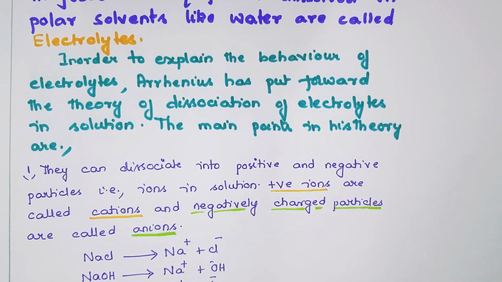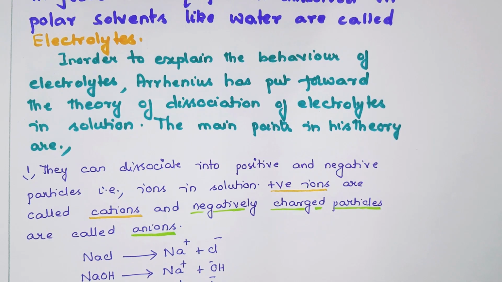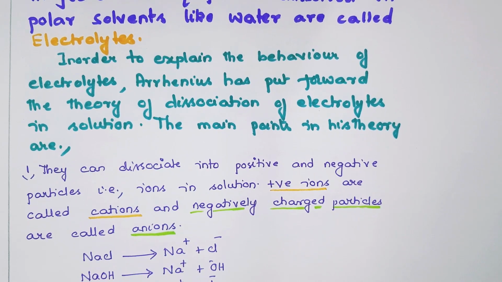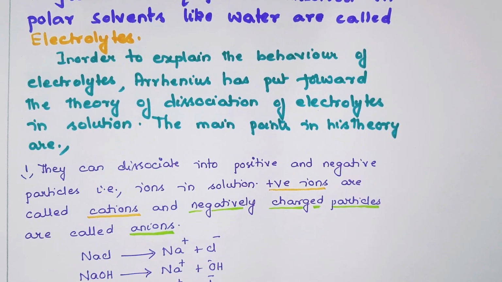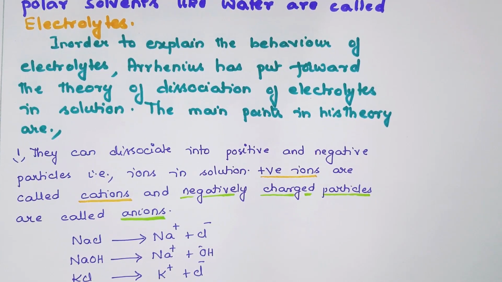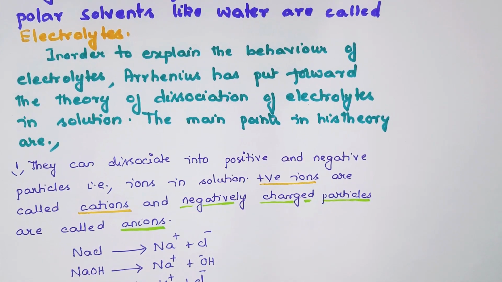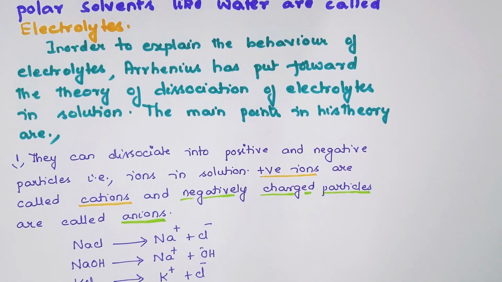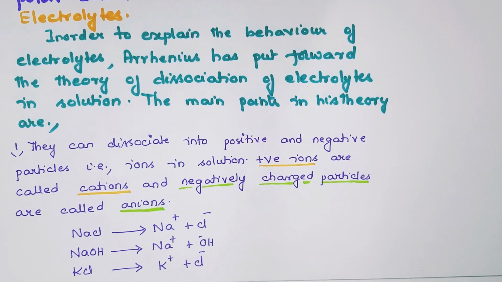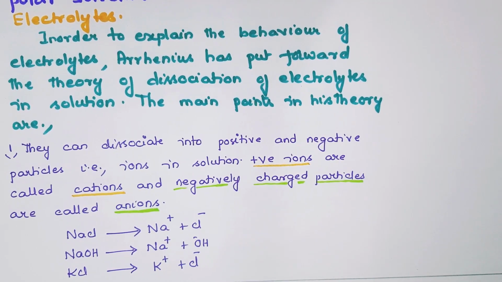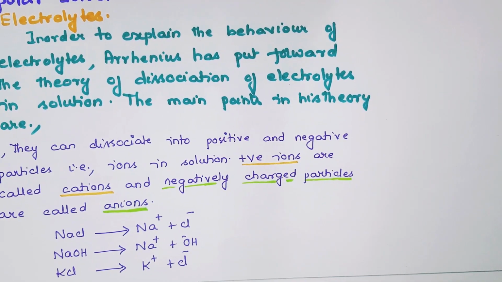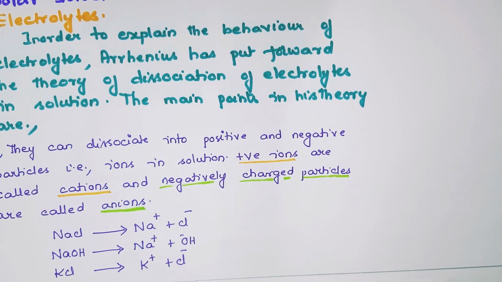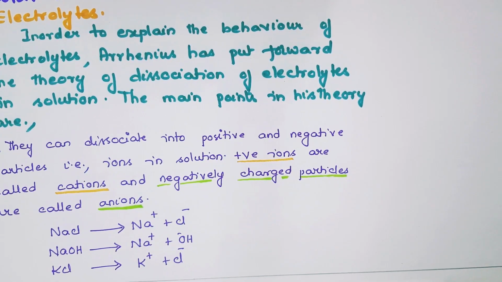Hope you understood the first point. Yes, an electrolyte in solution dissociates into cations and anions. I have given a few examples here, students. First one is NaCl. NaCl in solution dissociates into two ions, positive and negative ions. What is the positive one? Na plus, and the negative one is Cl minus.